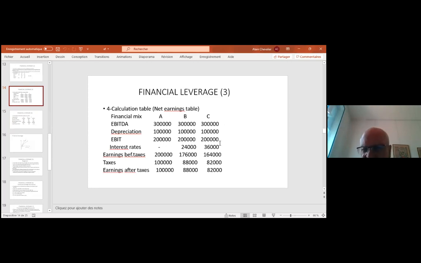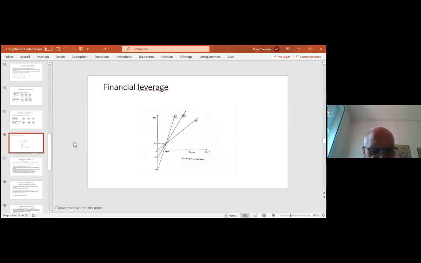So, in fact, we are able in a few cases to put on the graph a point for A for this level of EBIT. So for 200,000 here, and 200,000 will be somewhere here on the EBIT line. We have different points, and for the first one, for A, 100% equity, it is 166.